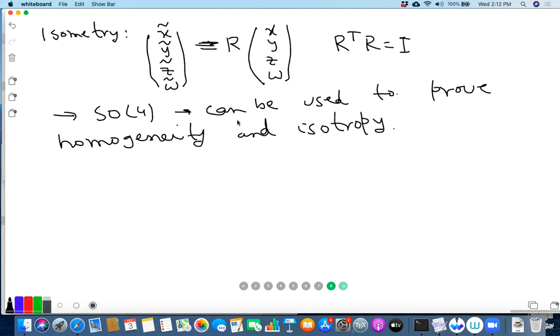To prove isotropy, isotropy means that given one point, x0, and two other points, x1 and x2, nearby at equal distance, you should be able to find a transformation that takes you from x1 to x2 and keeps x0 unchanged. That basically corresponds to a particular SO4 transformation that leaves a given point x0 fixed and moves the other two to each other.